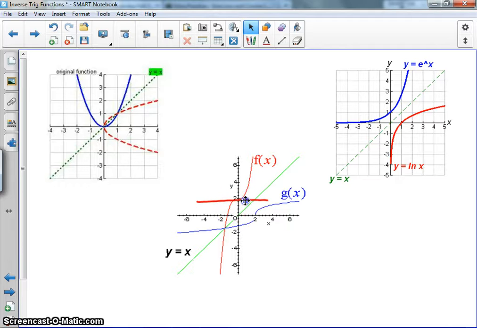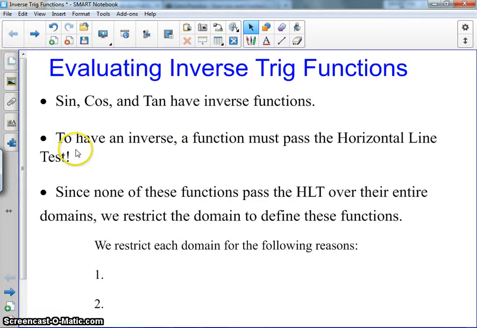It's still only going to touch in one spot. And so this would have an inverse because its inverse would pass the vertical line test. So this passes the horizontal line test. This passes the horizontal line test. This is going to continually decrease gradually. So it'll pass, and so this inverse will be a function. So in order for a function to have an inverse, it's got to pass the horizontal line test.